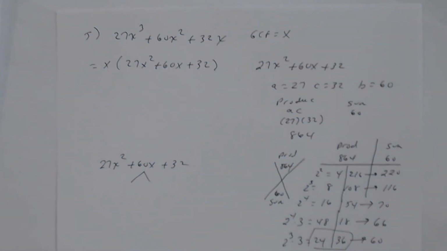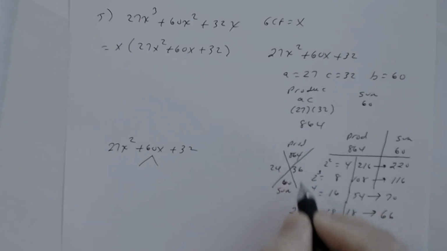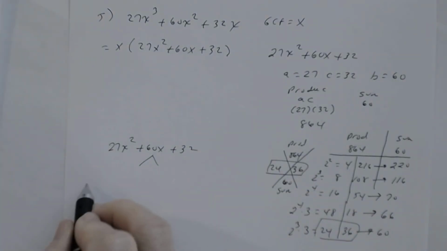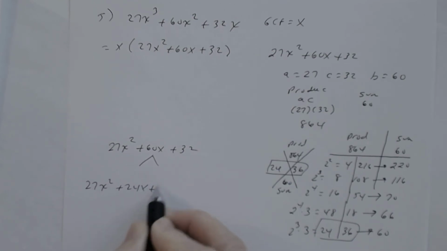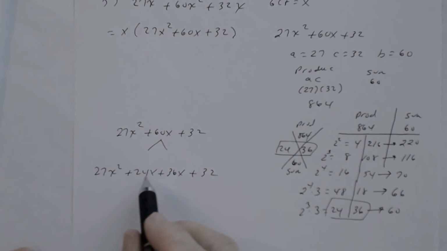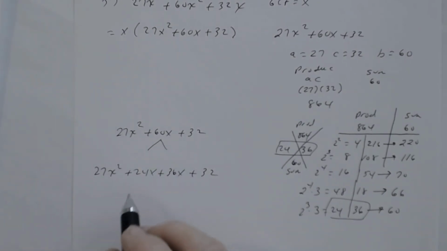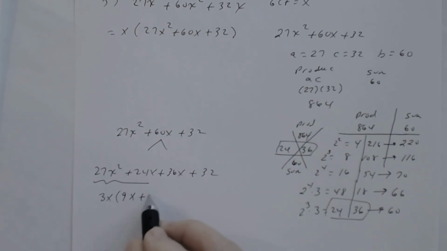And then we rewrite the middle term using these two terms here, which is what, 24 and 36? So I get 27x squared plus 24x plus 36x plus 32. And so now I'm going to always double check to make sure that does equal this, and it does. So I'm going to group. In the first group, it looks like I can factor out a 3x, and I get 9x plus 8.